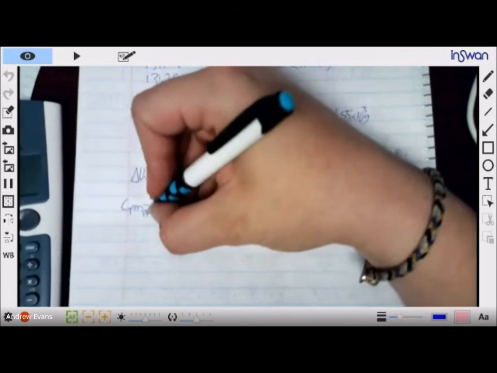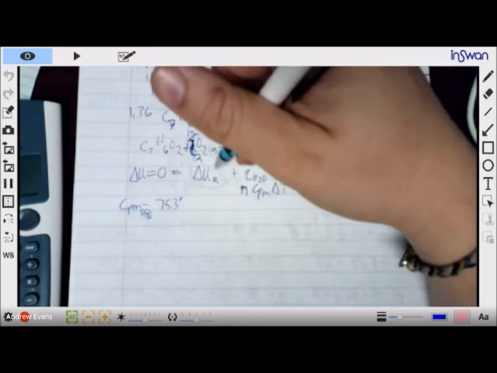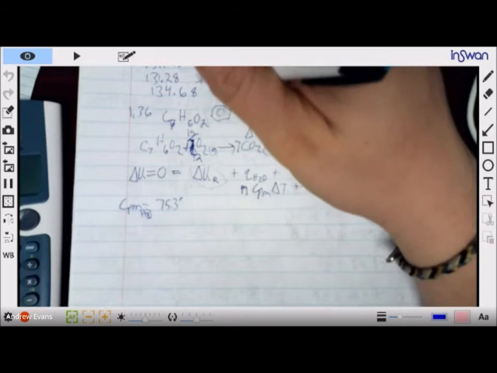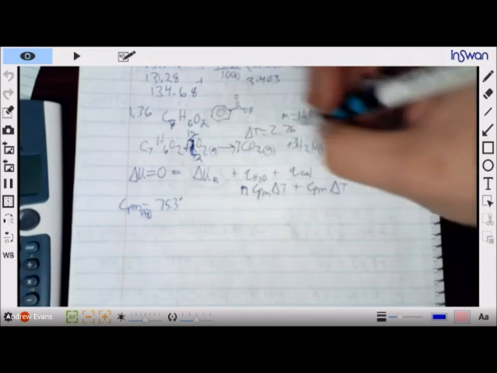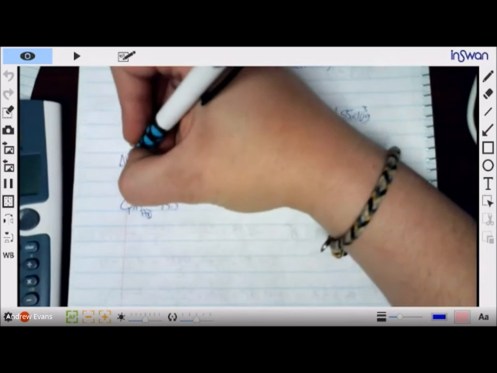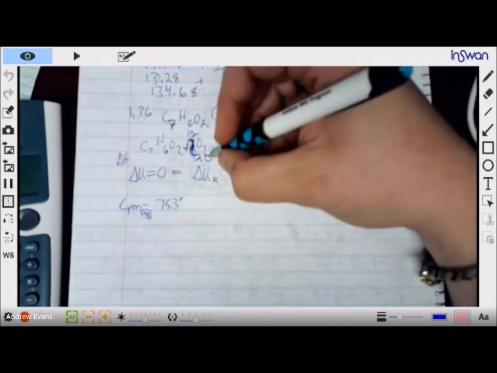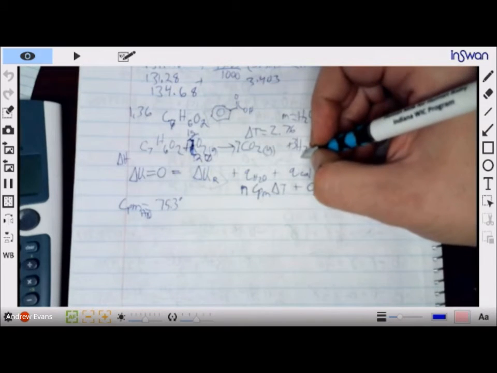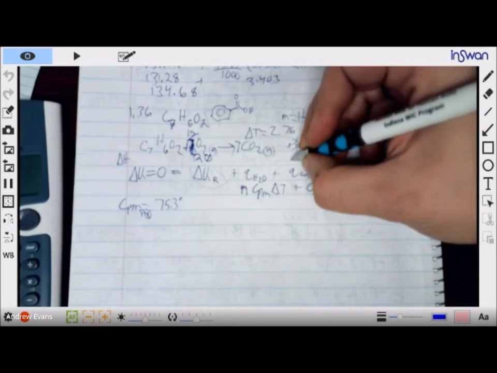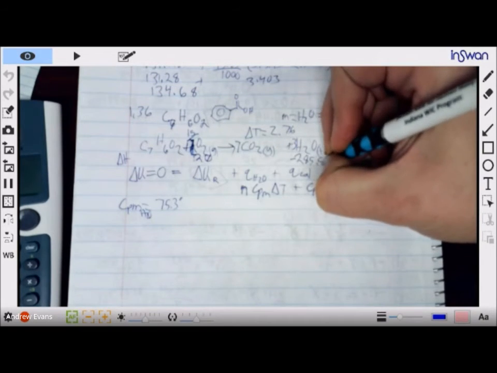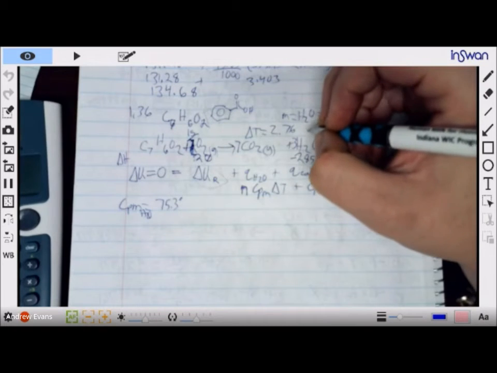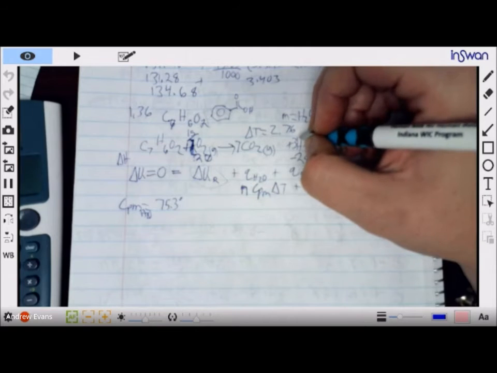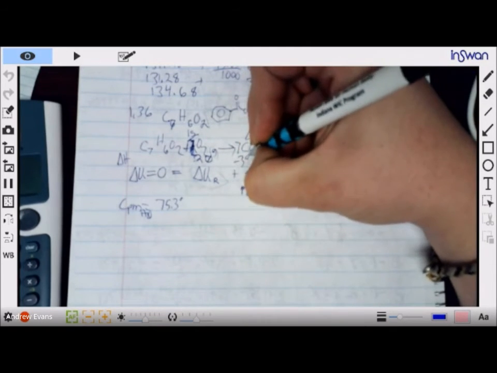That's one. We need to calculate our delta U of the reaction, but in order to do this, we need the delta H. So let's look at water liquid. The delta H of water liquid is negative 285.8. The delta H of CO2 is negative 393.5.